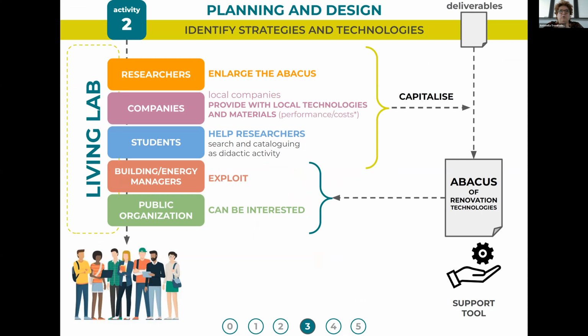Two slides to complete the second activity, which is the team that we need to involve and the role of each category in the Living Lab. Of course, the researchers play a key role to enlarge the abacus, introducing more strategies, more technologies, and the company, as I mentioned before, will provide their technologies.